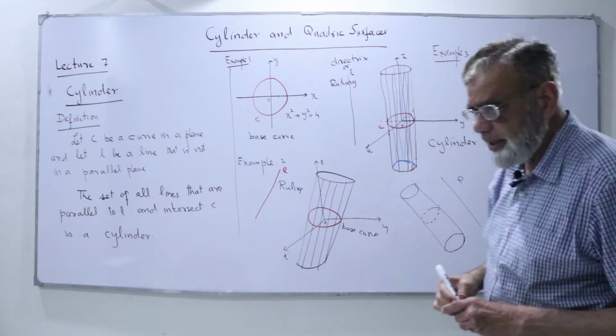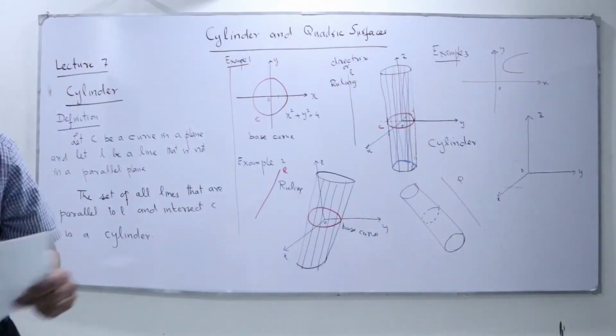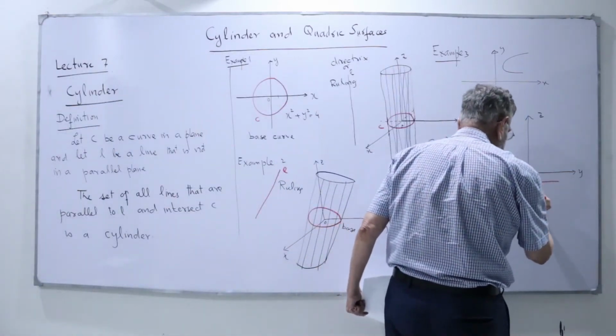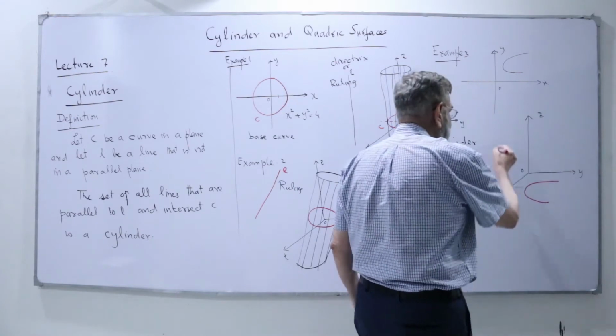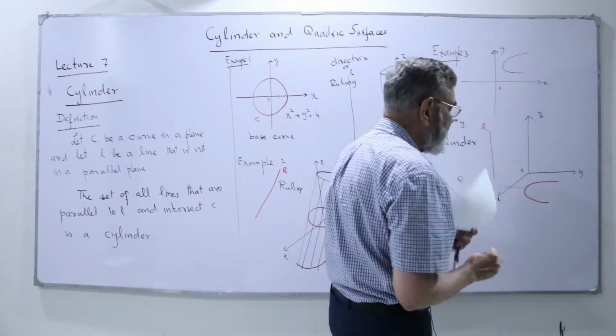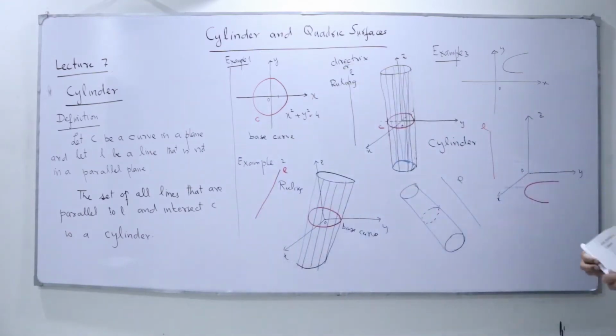If I take this base curve in my xy plane, I will get a picture like this. If I take this as the line, as directrix, and I take all the lines parallel to this line and intersecting the base curve, then I get a picture like this.